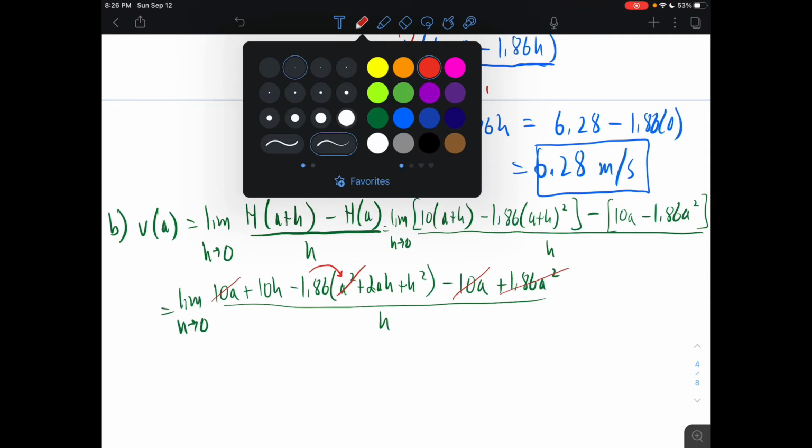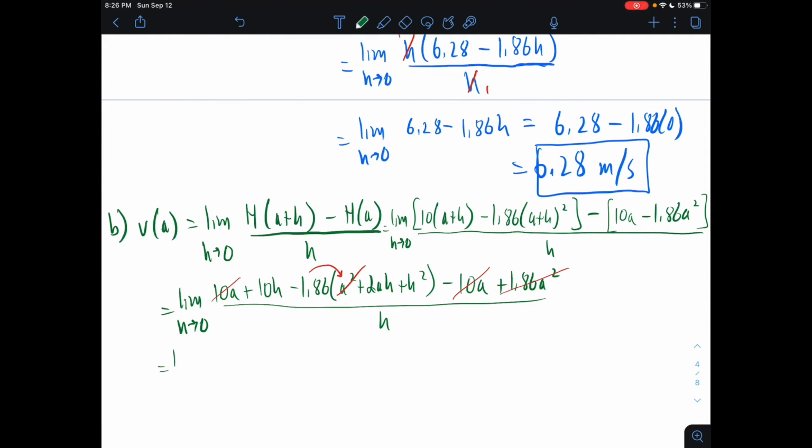So just by going off of what I already know will happen from my previous example, now I can rewrite the numerator as 10h minus, we've already said that 1.86 times 2 is 3.72, and this will be a times h, minus 1.86h squared, all divided by h.